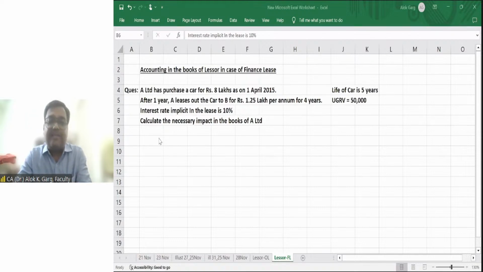Okay. So friends, in this case, first of all, let me help you with the clear cut solution of this question right from the beginning. Solution.